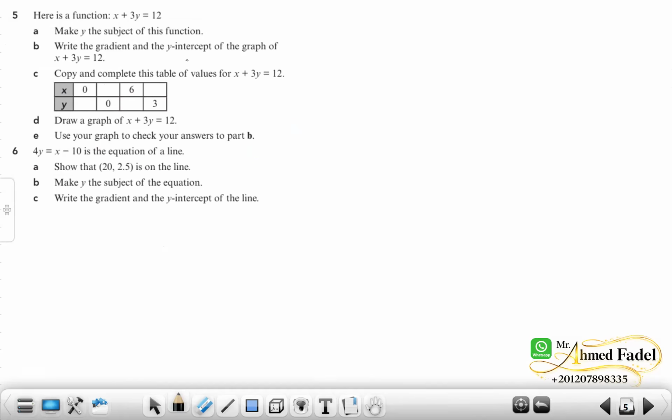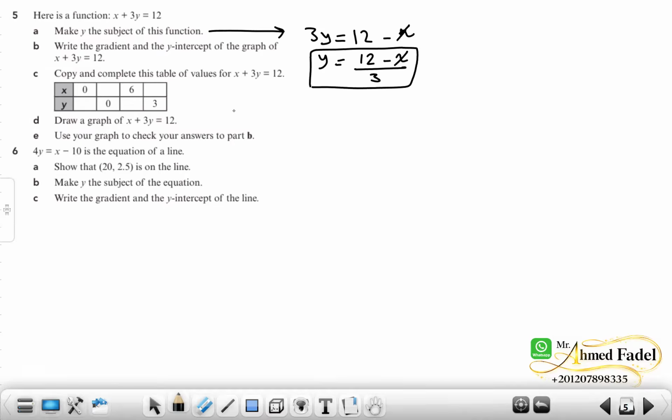Question 5. Here is a function, x plus 3y equals 12. Make y the subject of the function. I'm going to just write 3y equals 12 minus x. So y equals (12 minus x) over 3. Now you have made y the subject of the function. Write the gradient and the y-intercept of the graph.